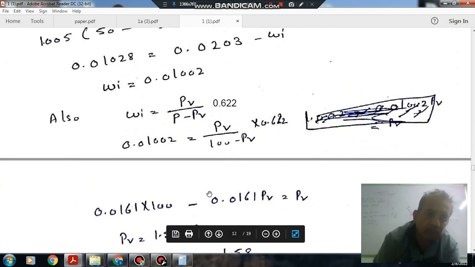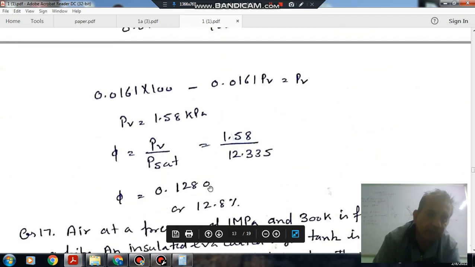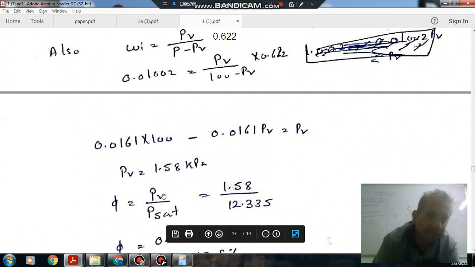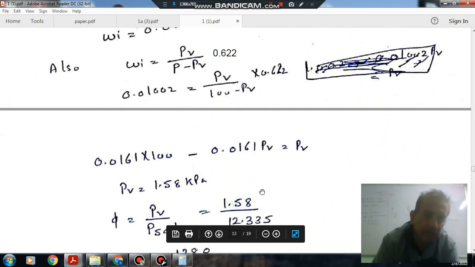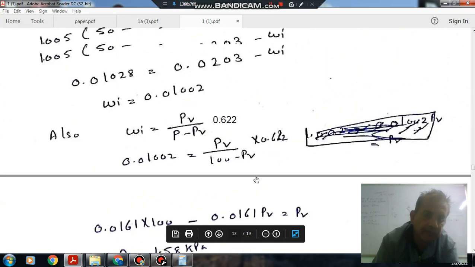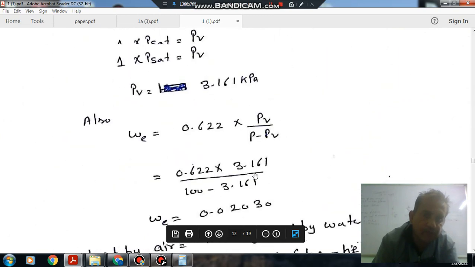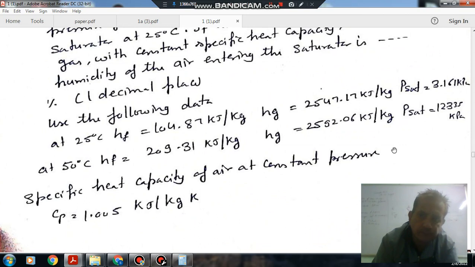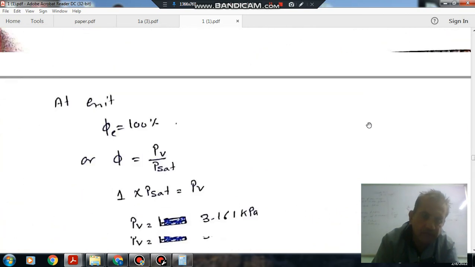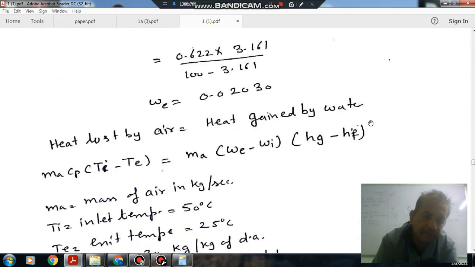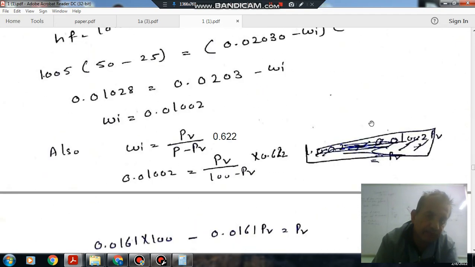Now we have to calculate the relative humidity at inlet. So that is PV by P saturated. PV is this, and P saturated at 25 degrees Celsius is this. Sorry, at inlet the temperature is 50 degrees Celsius.